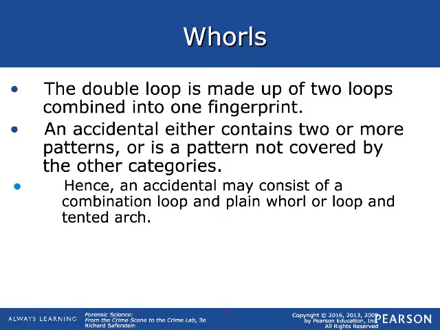There's two loops in one fingerprint. And then an accidental has two or more patterns, or it's a pattern that doesn't really fit into a category. So an accidental could be a loop and a whorl, or a loop and an arch. And we haven't talked about arches yet. So accidental is a little bit different. It's just not normal.